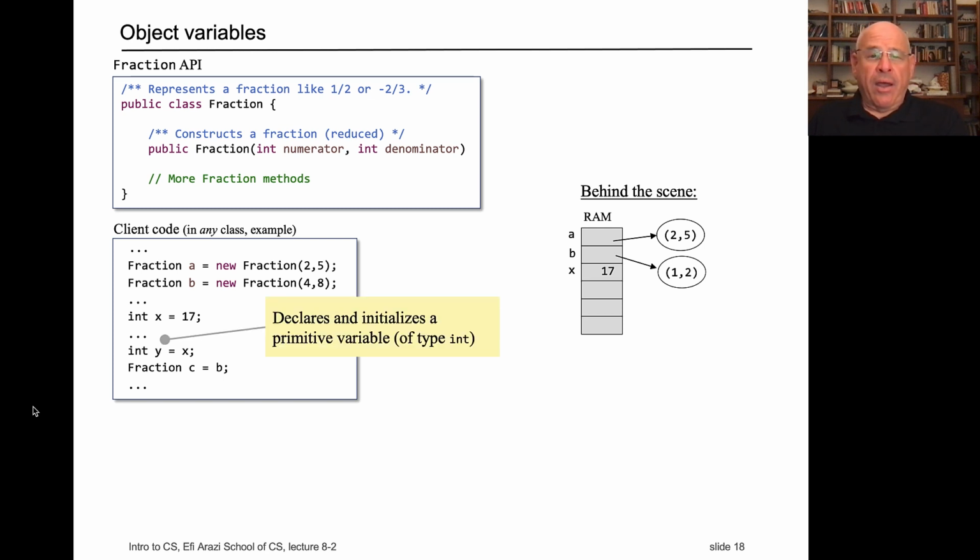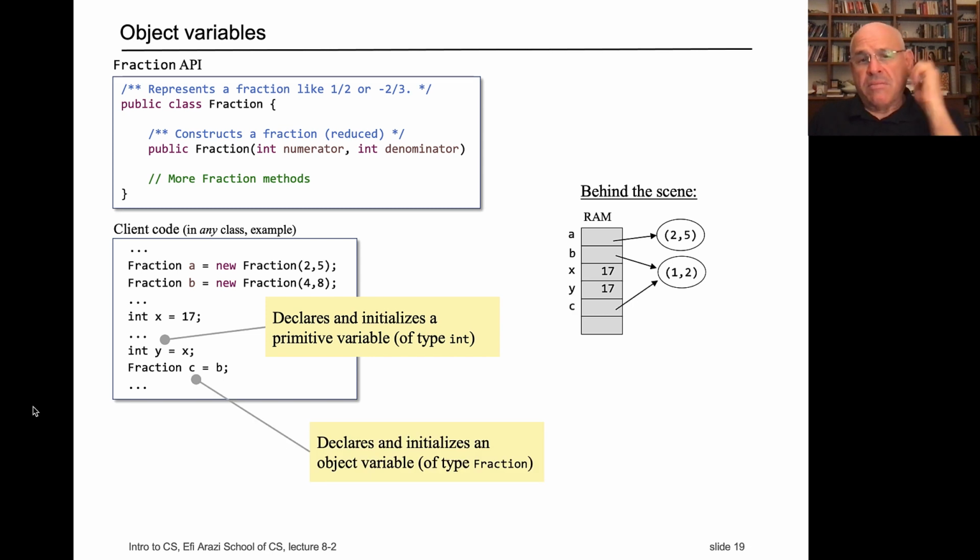Well, what we're going to see is this, okay? y will be a new primitive variable that contains the same value as x, but c, which contains a memory address, will contain the same memory address that b contains, and therefore effectively both b and c will point at the same object, in this case a half.